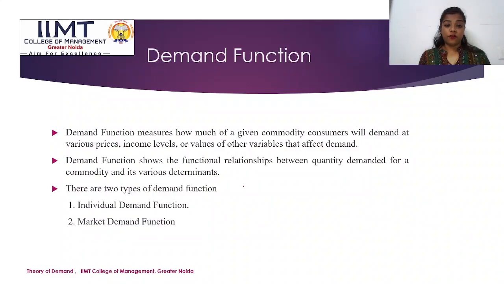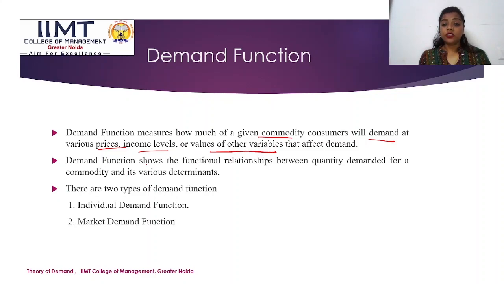Moving on to the demand function. Demand function measures how much of a given commodity consumers will demand at a given price, income level, values or other variables that affect demand.